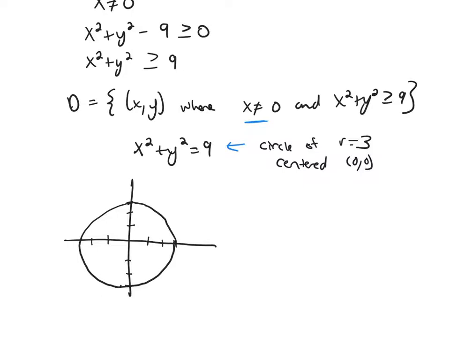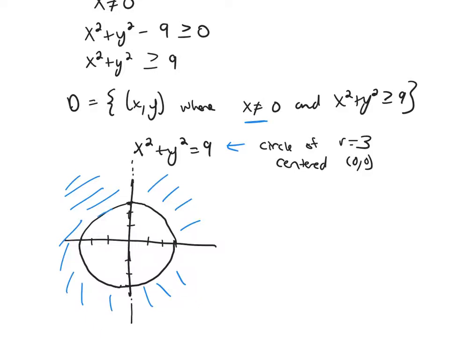So I've got to remove the y-axis from my description. So here I'm not going to include any points on the y-axis, and all the points outside of the circle or on the circle.